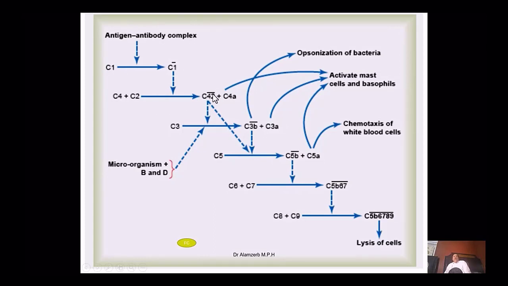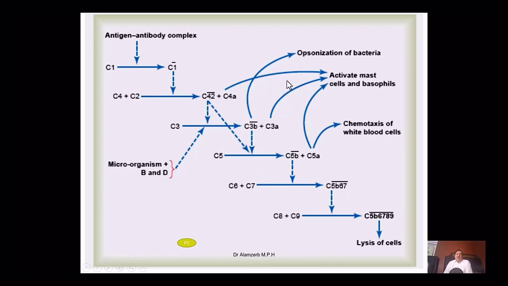A bar is present. This means this is an activated portion. But in this picture, the most important thing is the detached portion of C4 that diffuses into the plasma, the C3a portion that diffuses into the plasma, and the C5a portion, where they perform some activity in the body or in the plasma.